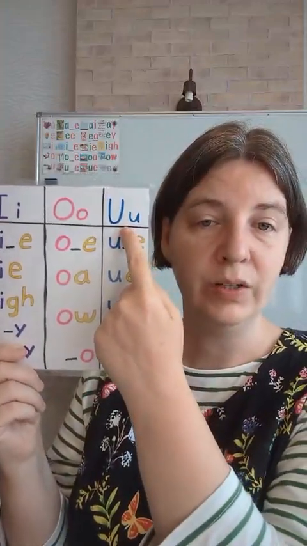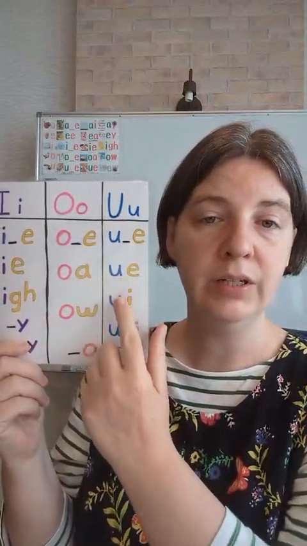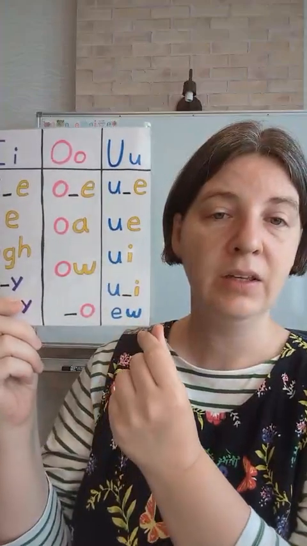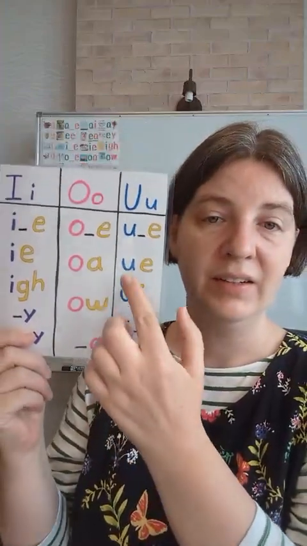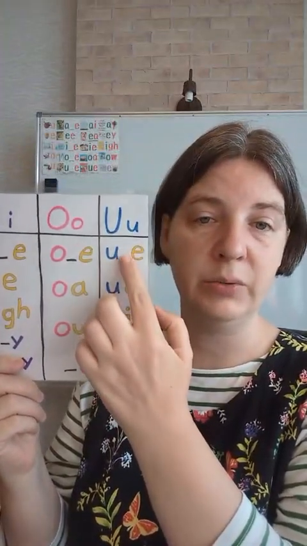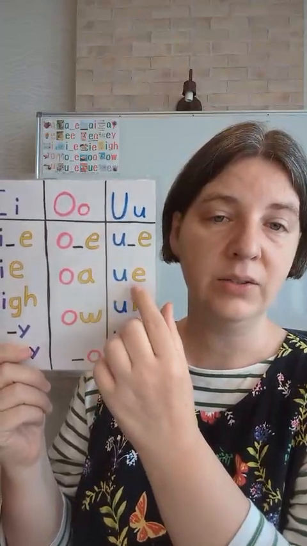Next is U. U, U, U, U, U. So we have a U and an E with one space in between. UE next to each other.